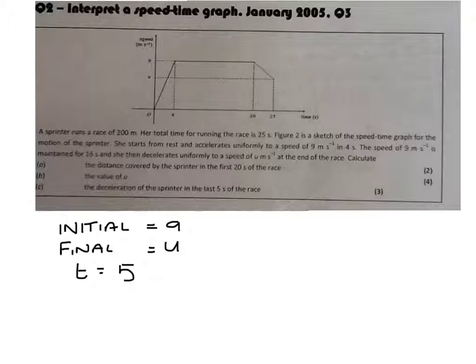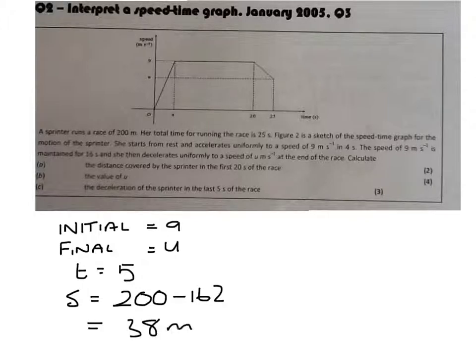The race total was 200 metres, and we've just worked out that they travelled 162 in the first section. So my s for this section will be 200 minus 162, 38. I'm going to use s equals (u plus v) over 2 times t.